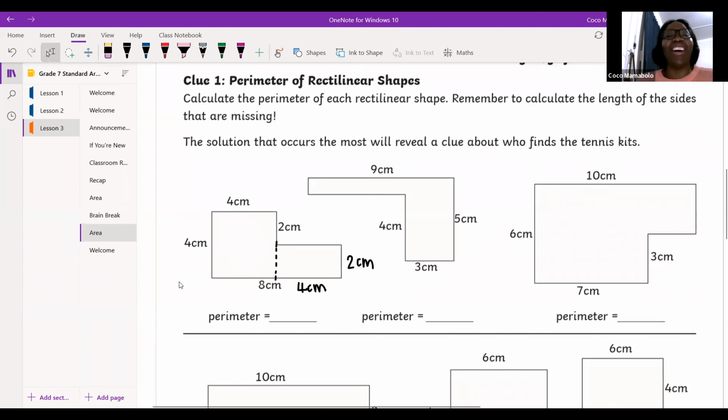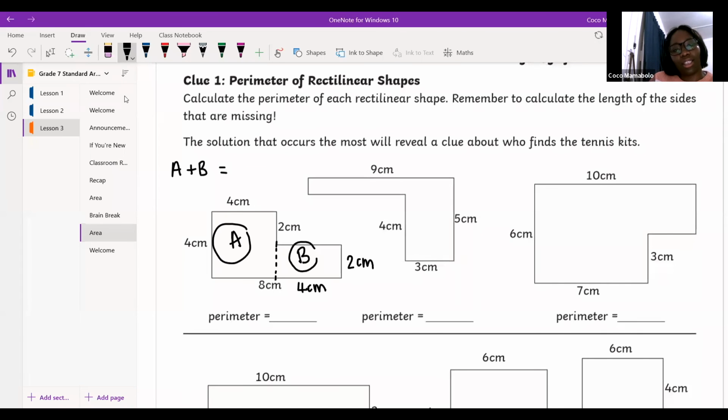Okay, I'll give you guys a chance. Everyone, you've got 2 minutes to calculate the area. We'll call this one A and this one B. Calculate the area of shape A, calculate the area of shape B, and then add A plus B and give me an answer.